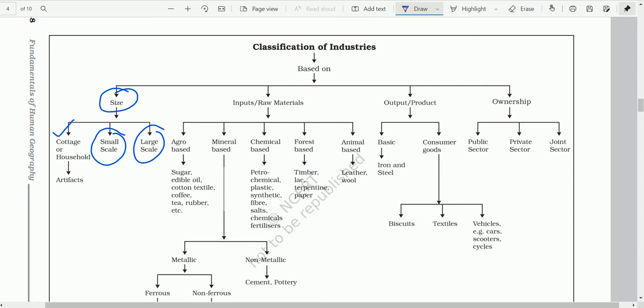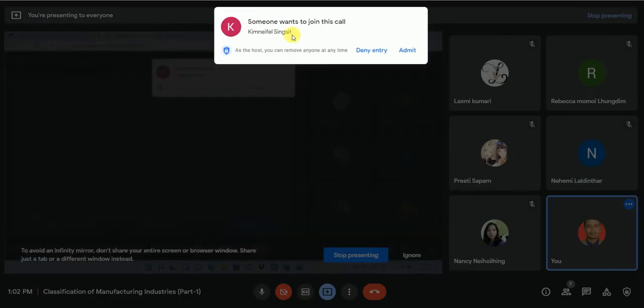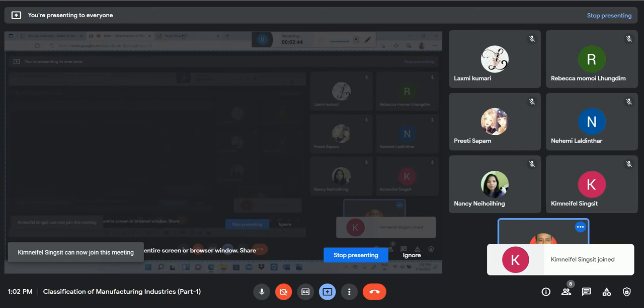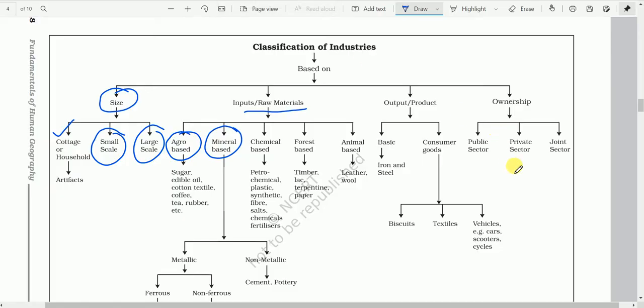And on the basis of inputs or the raw material used, industries are classified into five types: agro-based industries, mineral-based industries, chemical-based industries, forest-based, and animal-based industries.